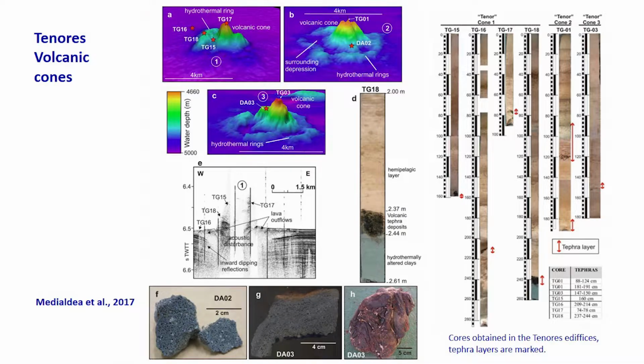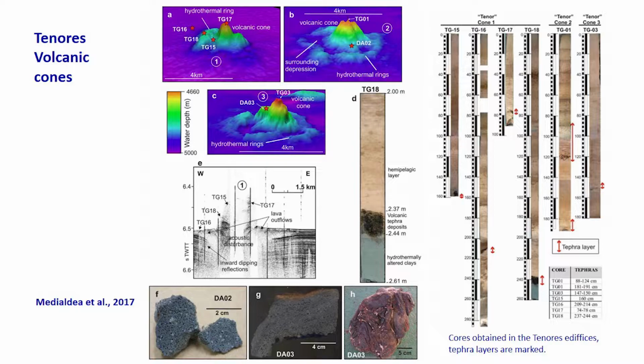We studied especially these 3 volcanic cones, and we obtained 6 gravity cores in this area, 4 of them in cone 1. This allows us to know what is the sedimentary material that forms these structures.